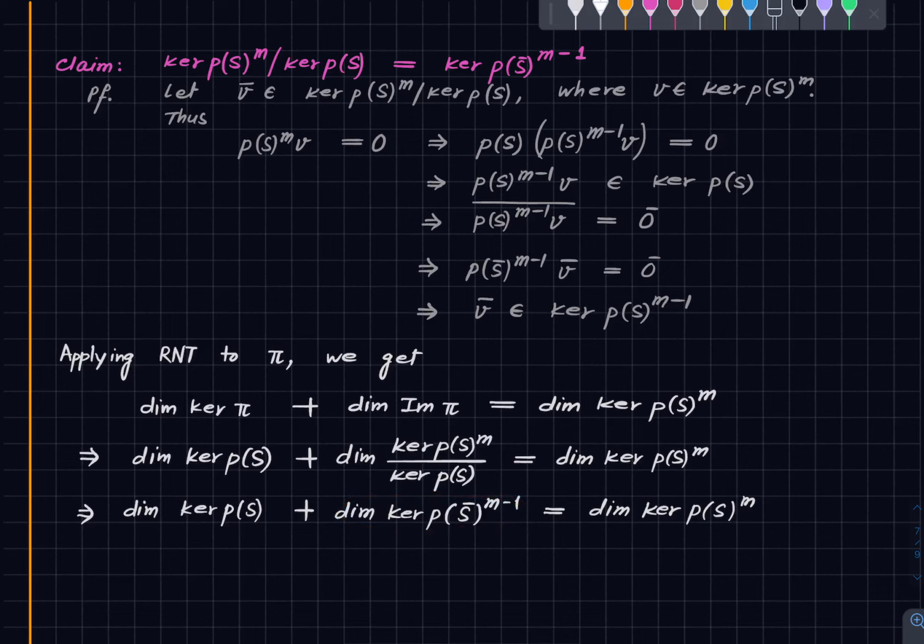In either case, even if this were a trivial subspace, the argument still goes through. We do not need to add any extra lines, because if this is the trivial subspace, then this is also the trivial subspace, and hence this is 0. And 0 is obviously divisible by degree Px. I'm just saying that in case this is a non-trivial subspace, Px is an eigenpolynomial of S bar, because there are no other candidates for eigenpolynomials.